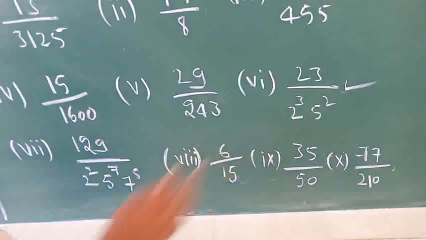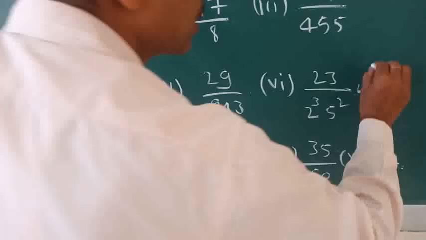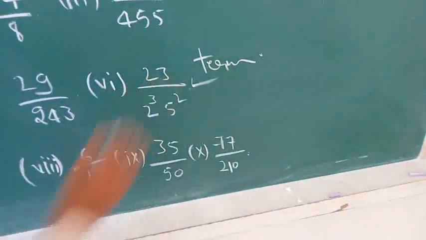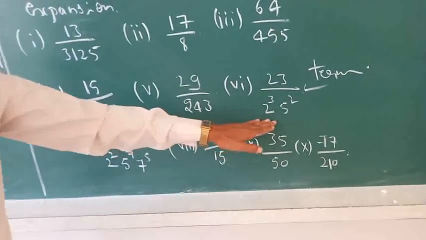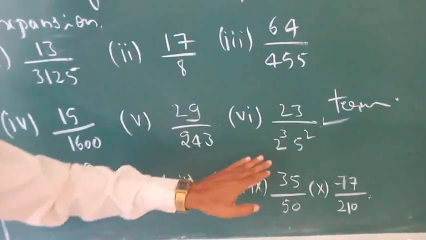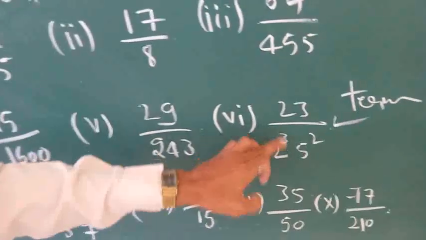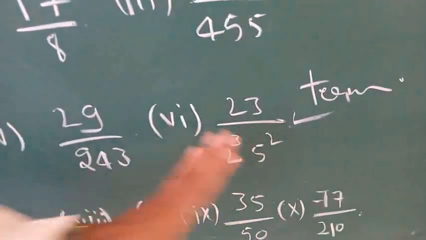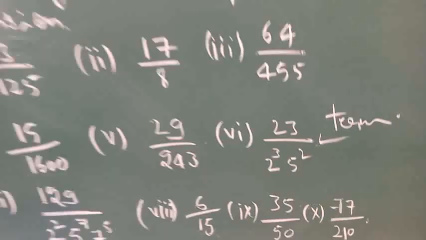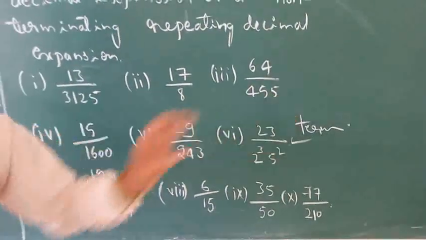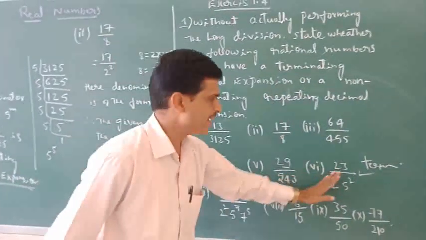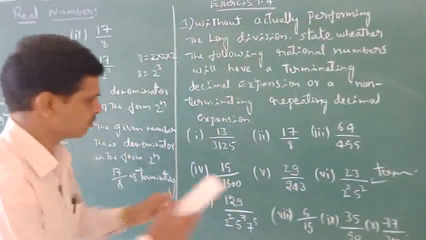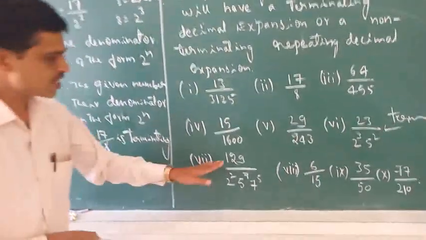So here it is directly terminating. Why is it a terminating decimal expansion? Consider the denominator as q. Q is of the form 2 to the power of n and 5 to the power of m. So that is why this number's decimal expansion is terminating.